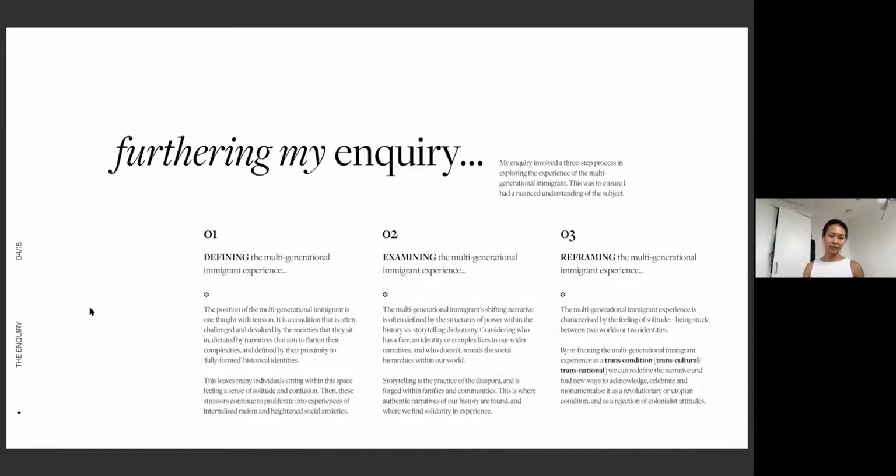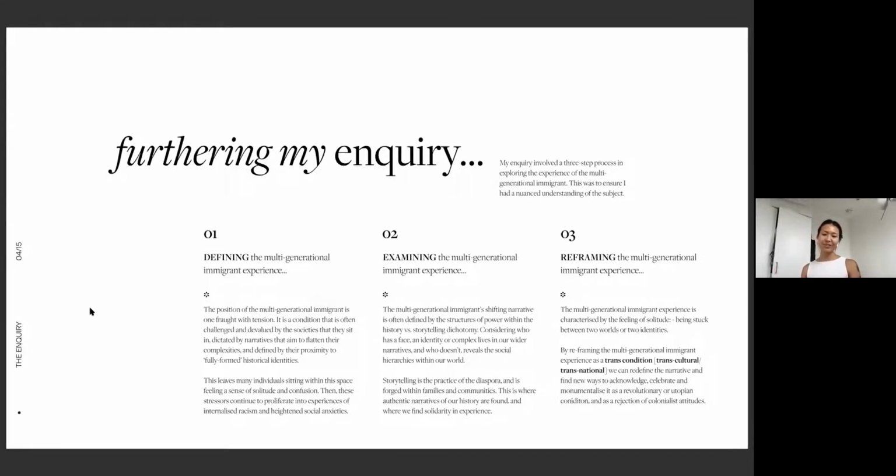Questions came up in my head where I was asking, what is our artifact? Where is the multi-generational immigrants' museum? Where's their archive? Where can I go see our history? It became quite evident that there was no space that existed like that.